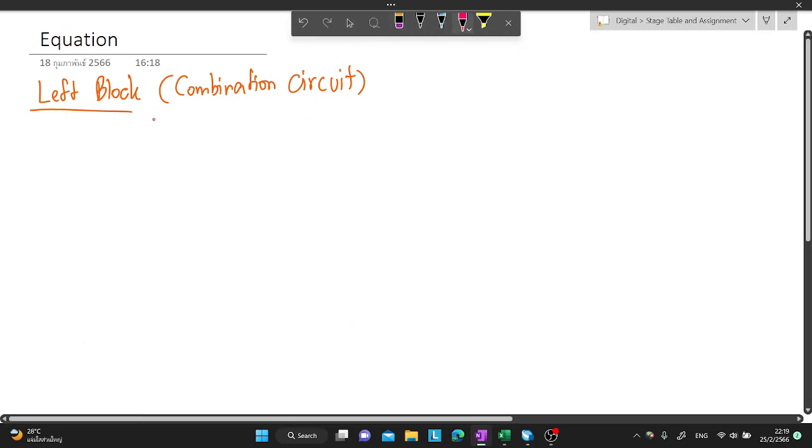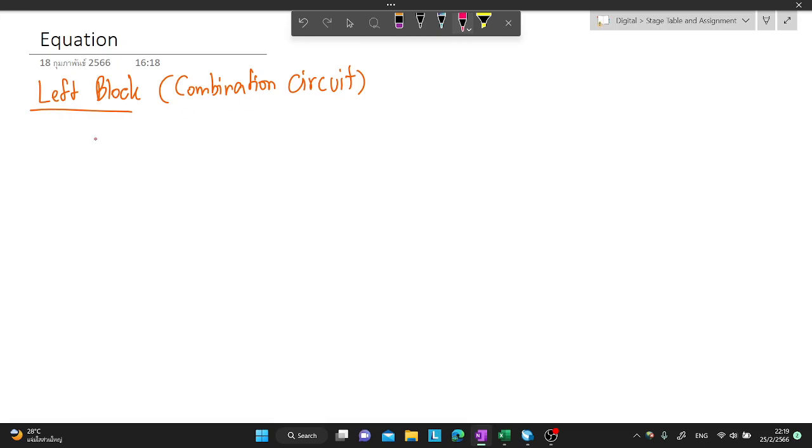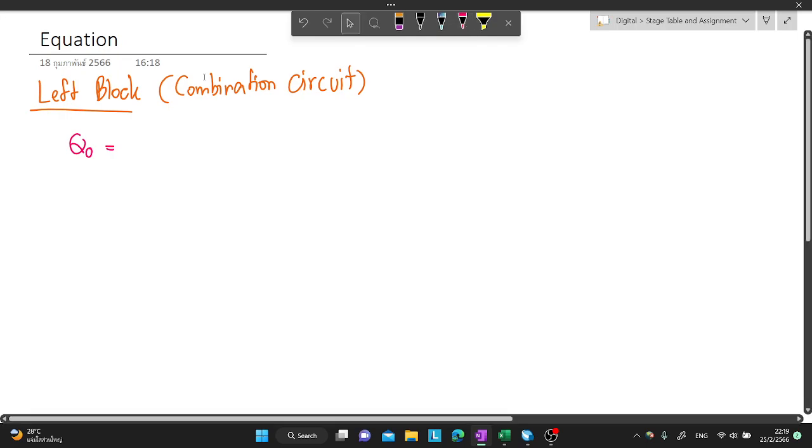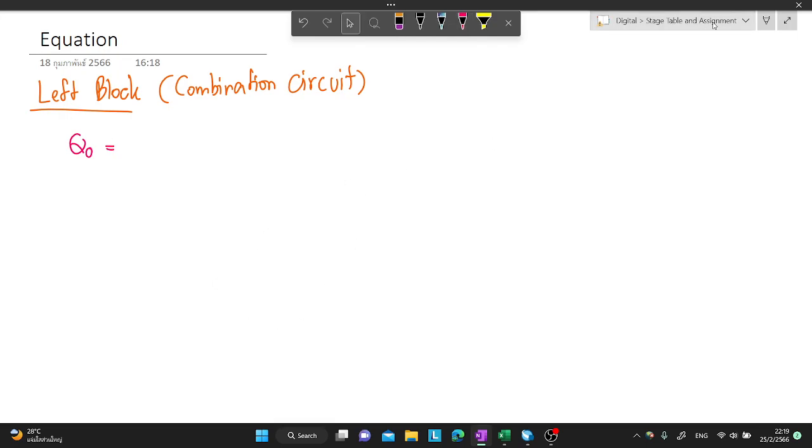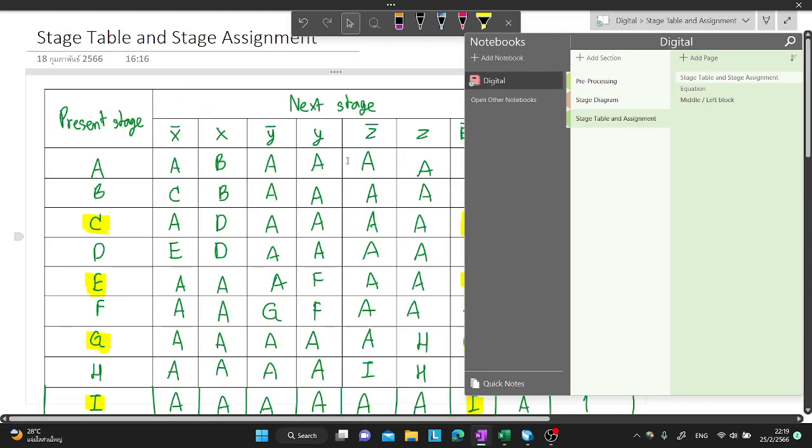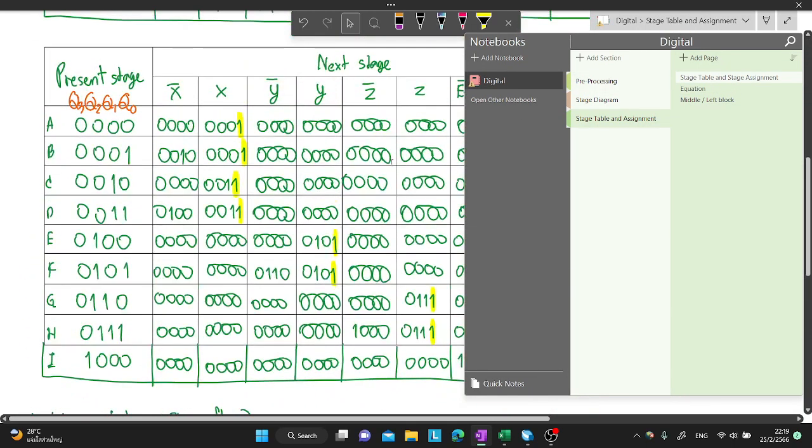From the state assignment for Q0, I will write the easier thing: if one has A, B, AX, BX.